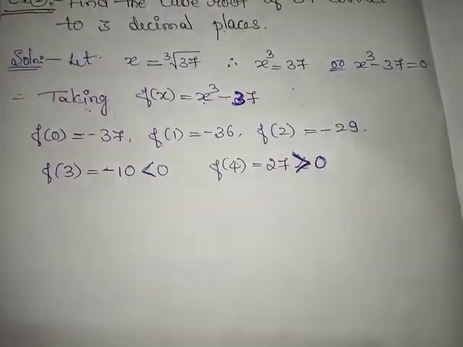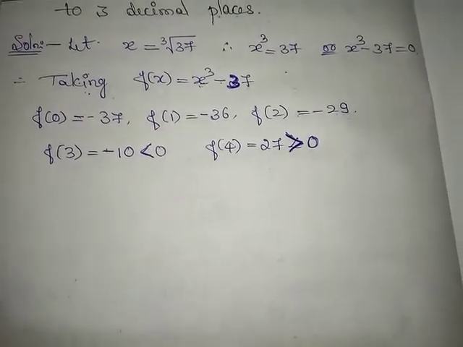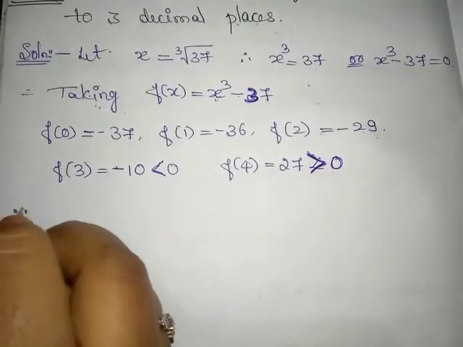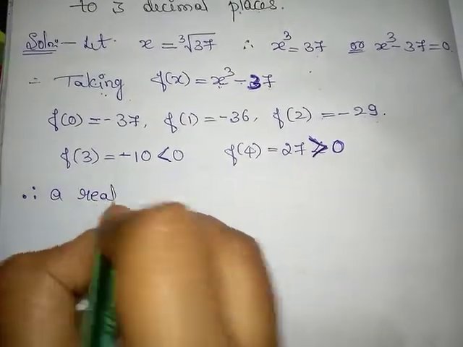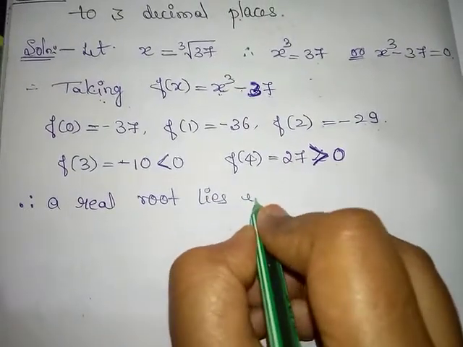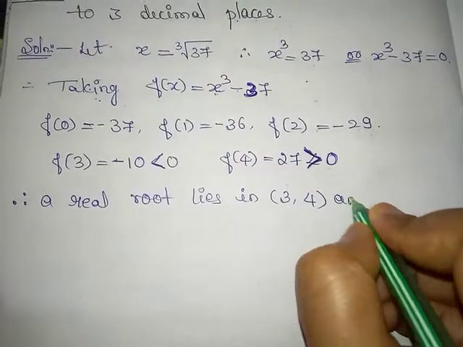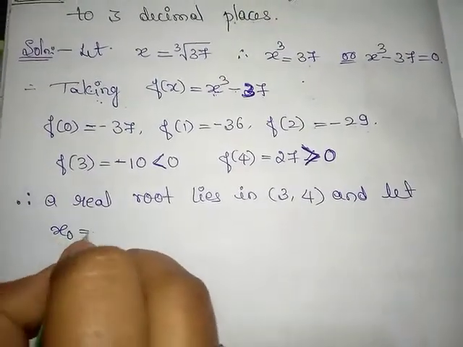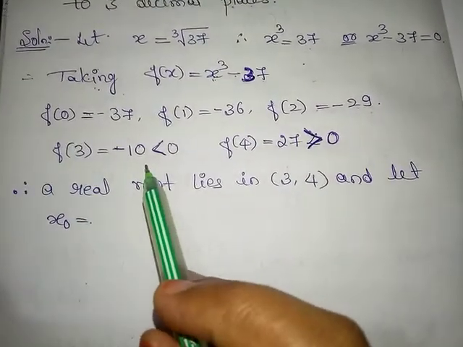So we get one value less than 0, one value greater than 0. Now our root lies in what? The interval 3, 4. Therefore a real root lies in the interval 3, 4, and let x0 be what?